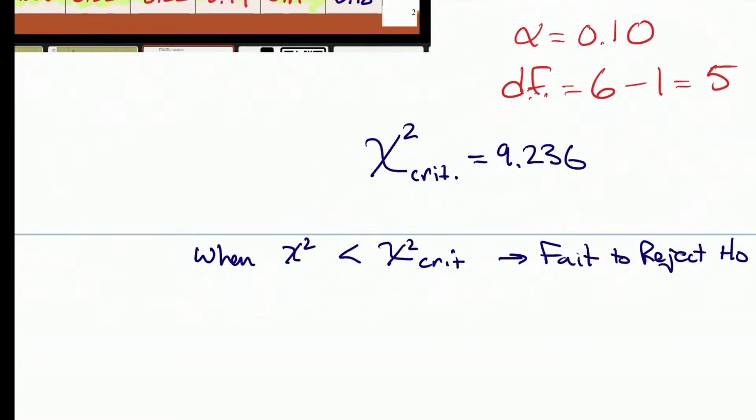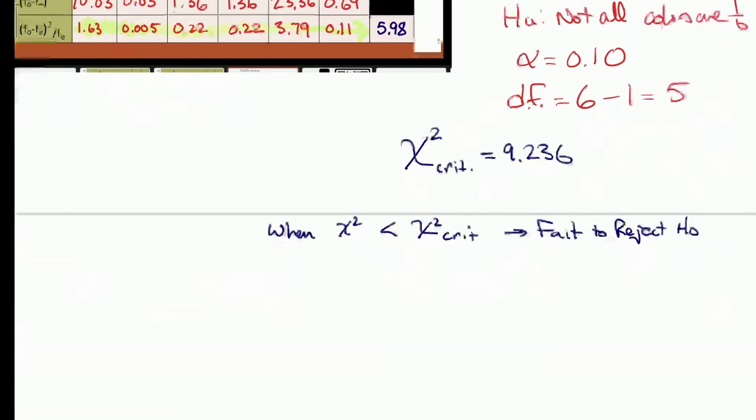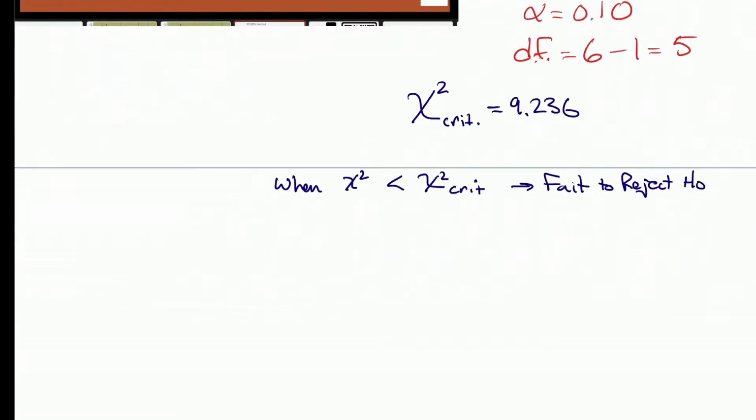And if the opposite is true, if your chi-squared value is bigger than this, then you get to reject the null. I hope someone has rejected the null hypothesis. We're going to find out in a minute. Anyway, once I've done that, I can write down my conclusion.